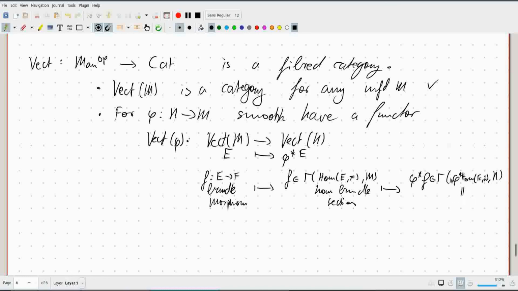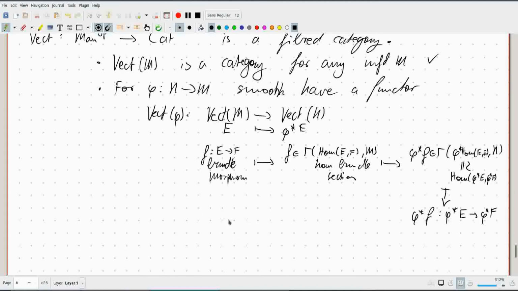And the pullback of the Hom bundle is isomorphic to the Hom bundle of the pullback. So we have phi star E, phi star F. So that thing can now be mapped to the pullback of F, which is a bundle morphism from phi star E to phi star F. I guess it's not that hard to check that this is satisfied.